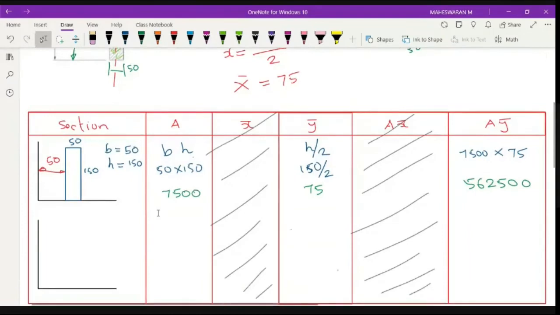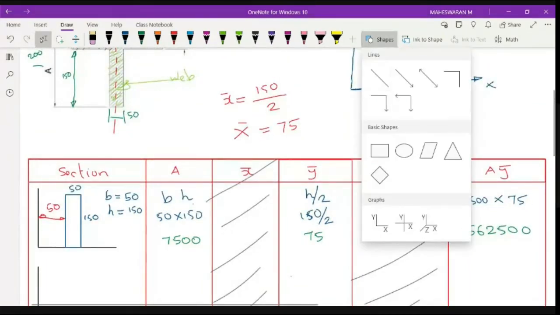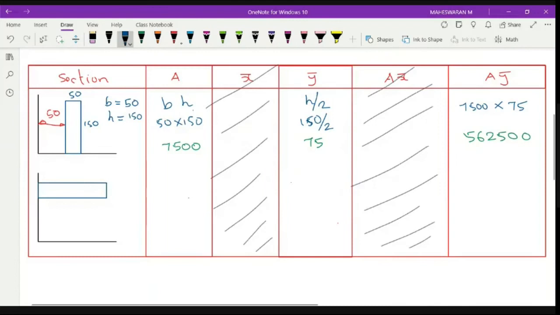Right? This section, my object is at the top. So you can see that it is having an offset distance in y. Your offset distance is 150. Right? And you identify what is your D. D is 150. H is 50. Right? I can write it out. So I can write that D is equal to 150 and H is equal to 50. Right? So B into H, same. There won't be any difference. So 50 into 150.